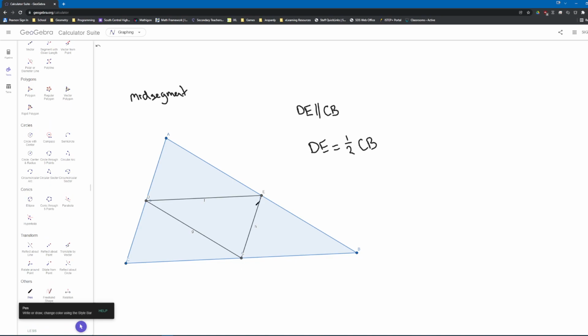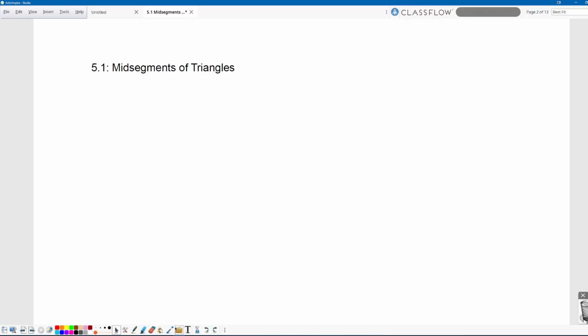The important thing is that EF, which is this side, is parallel to AC, and if we were to measure EF and AC, we would find that EF is half the value of AC. We would also have that AB is parallel to DF, and DF is half the measurement of AB.